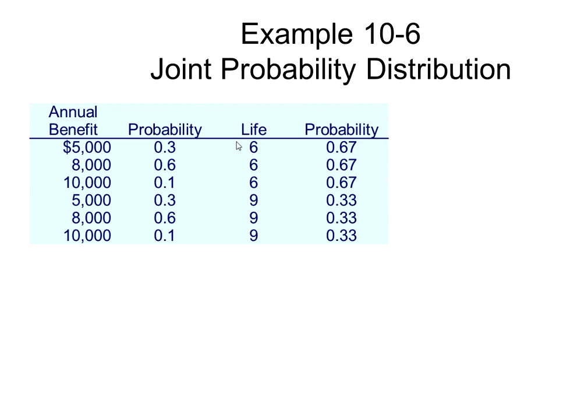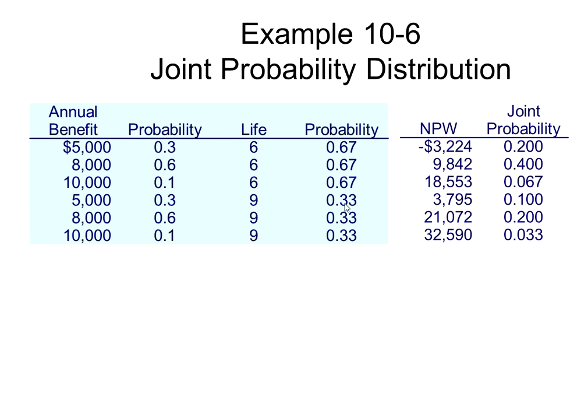And these are the probabilities for the life. The probability of life being 6 years is 2/3, so approximately 0.67, while the probability of life being 9 years is 1/3, which is approximately 33%. So now we can get the net present worth for each event.